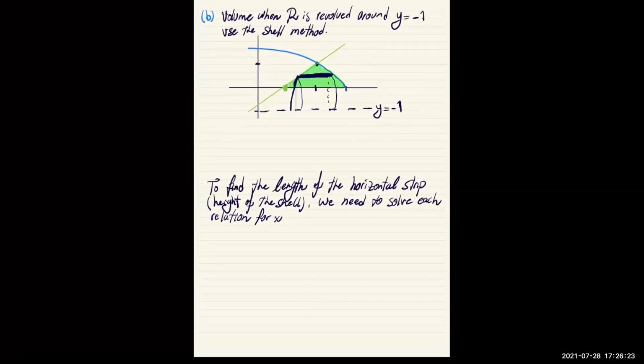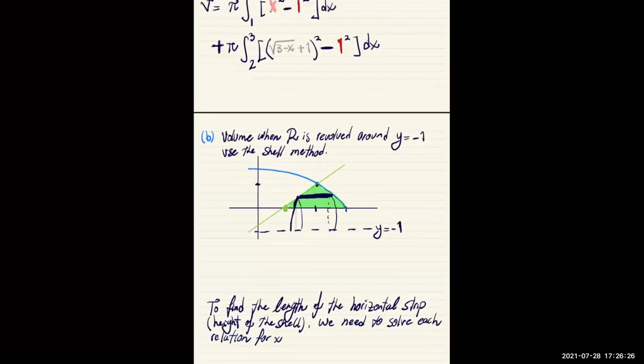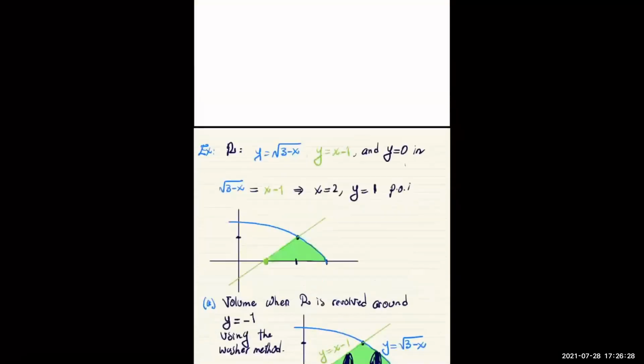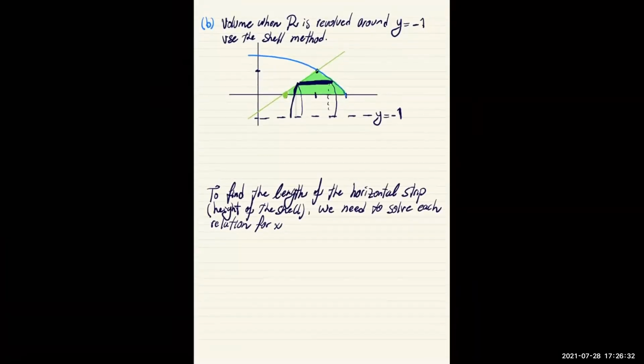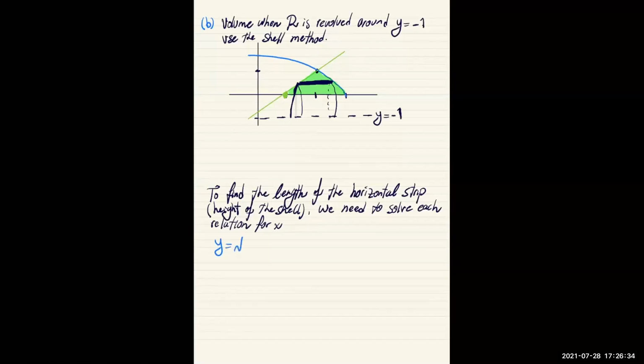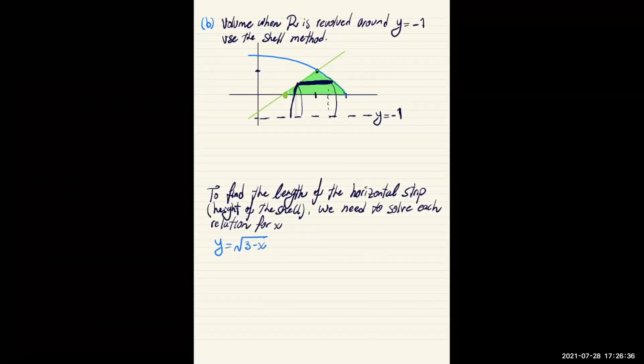All right, so let's solve each equation for x. Our equations are y equal to square root of 3 minus x. Solve this for x in terms of y. You need to square to get rid of the square root. You have y squared equal to 3 minus x.